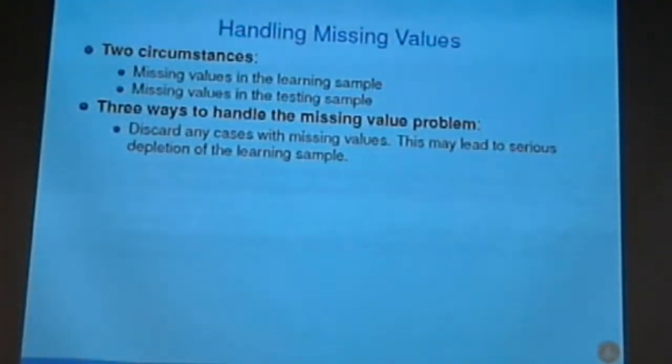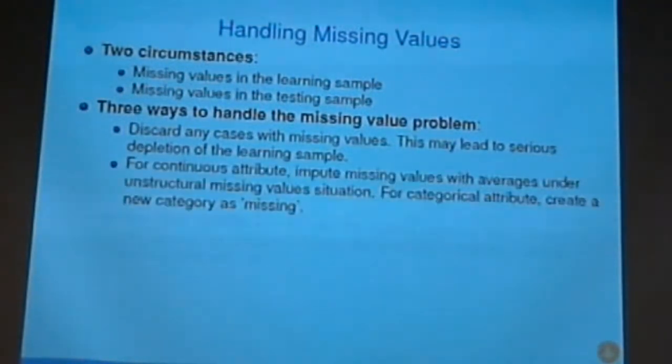Just discard any cases with missing values. This may lead to serious depletion of the learning sample, if you discard too many observations, with only a very small number of observations available in the training sample. So probably not the way to go.